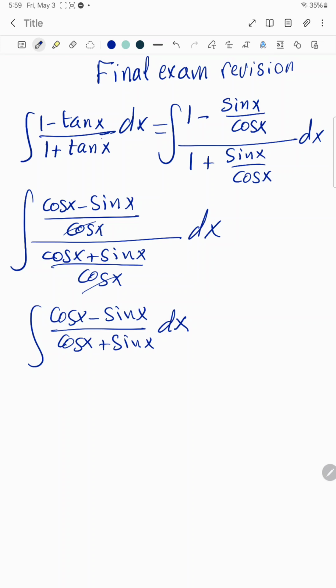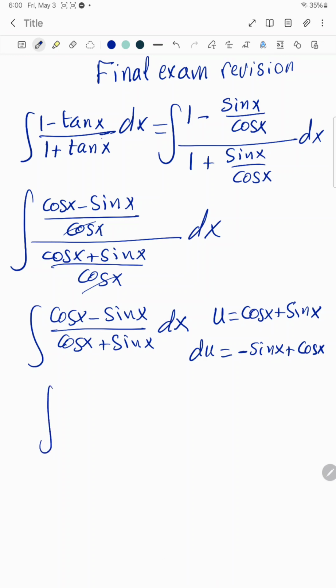So now, always, the first thing that you think about is taking the denominator as u. Almost all the time, this is the case. So if I take u equal cosine x plus sine x, my du: the derivative of cosine is minus sine x, and the derivative of sine is cosine x. So if I look at my du, it is the numerator, and my u is the denominator.